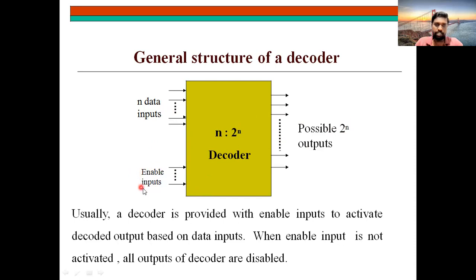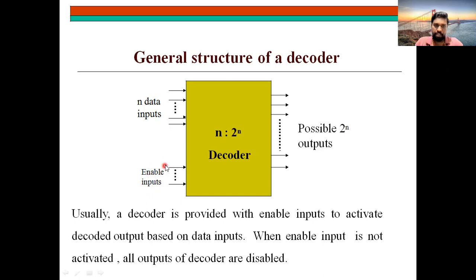What is the purpose of this enable input? It makes the circuit active or inactive, in the sense that it can put the circuit in the off state or the on state.